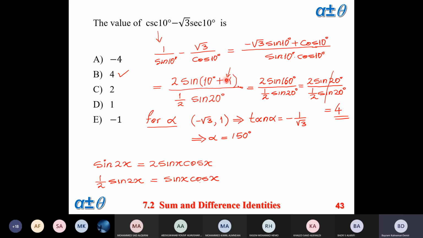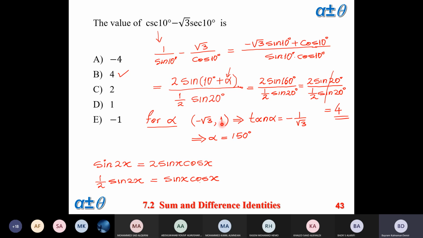So for the numerator here, I need to find the angle alpha, Shabab. Again, what is the point on the terminal side? A is negative root 3 and B is 1. So tangent alpha is negative 1 over root 3. Of course, this point is in the second quadrant, right? Negative is the x coordinate, 1 is the y coordinate.